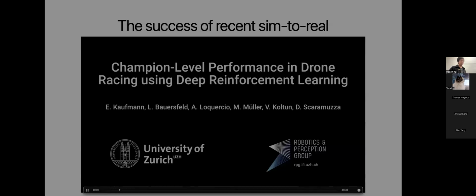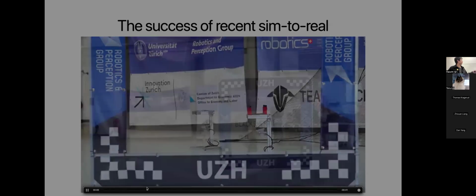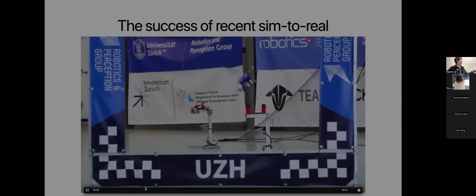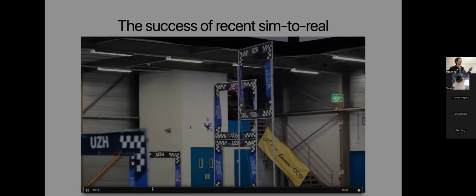I think this drone is controlled by a reinforcement learning controller, and this one is controlled by a human champion. They are racing in a very large stadium, and the target is to cross these doors in sequential order. Whoever does that fastest wins.